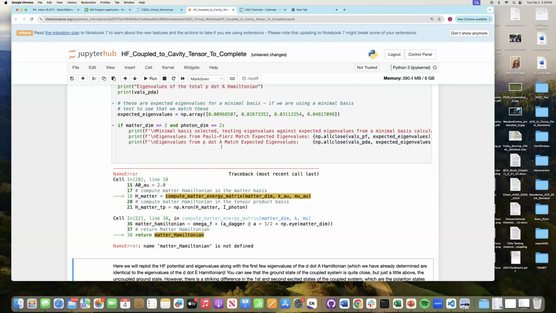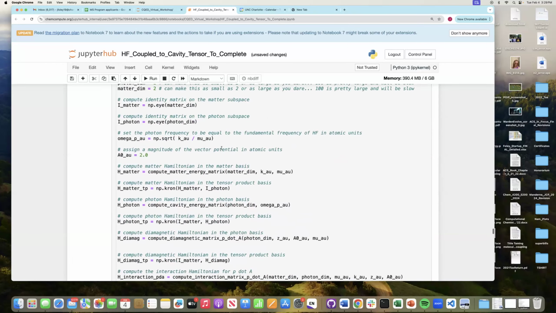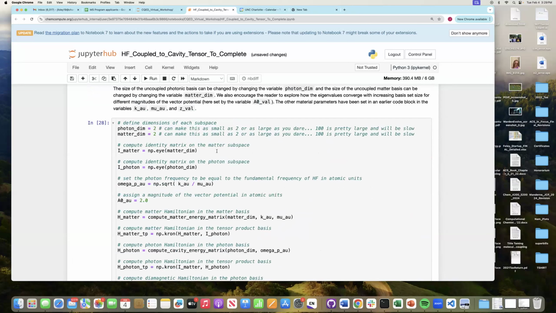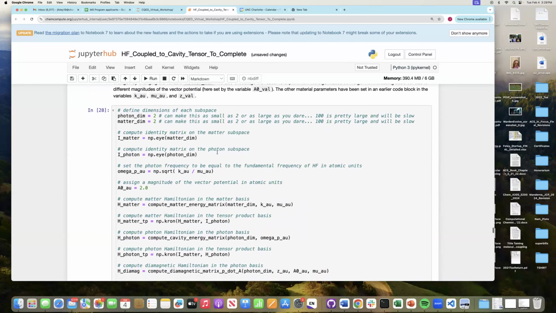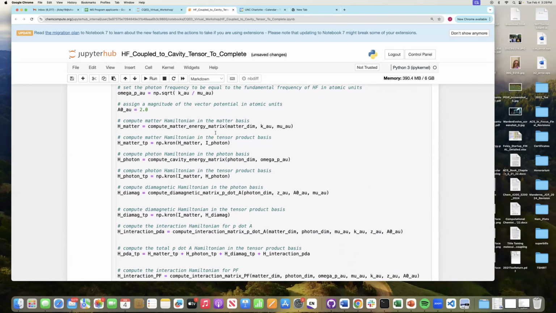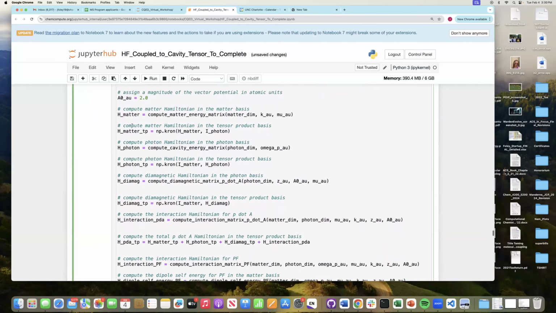Matter Hamiltonian is not defined. Yeah, I'm getting the same error. So I think what I have done is instead of taking the capital H, I have taken the small h. So I think when I'm defining the matter Hamiltonian in the 25th cell, I think.